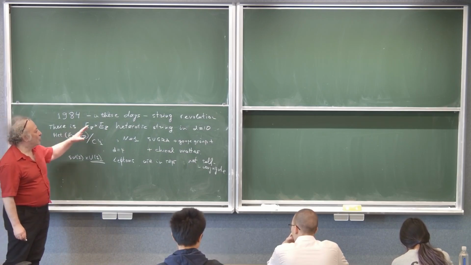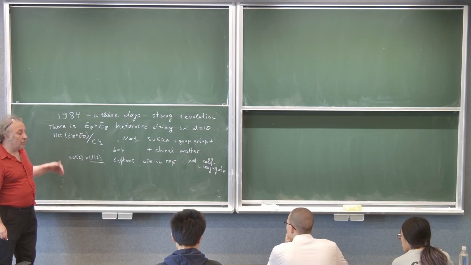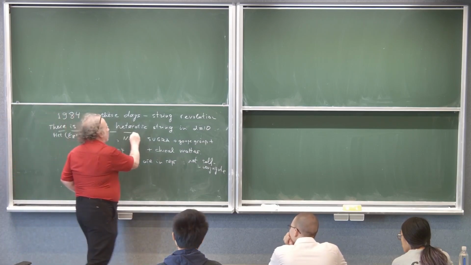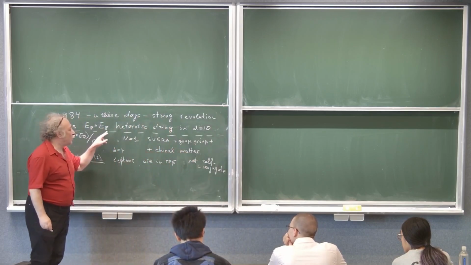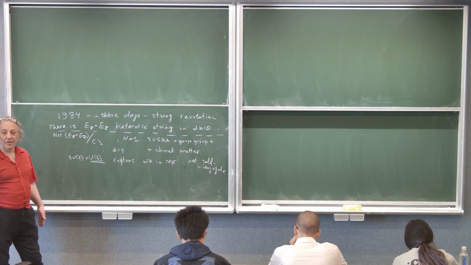Okay, I'm not going to describe all of this stuff. What I would like to come to in my today's talk is this E8 times E8 heterotic string. So I'll explain how heterotic string appears.